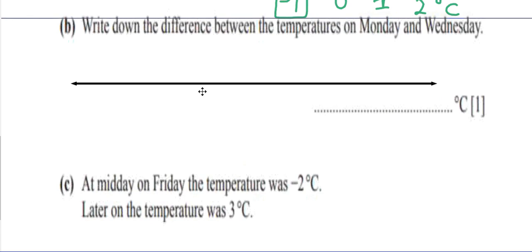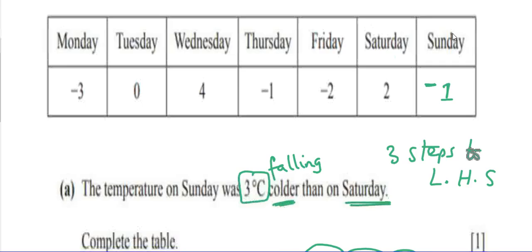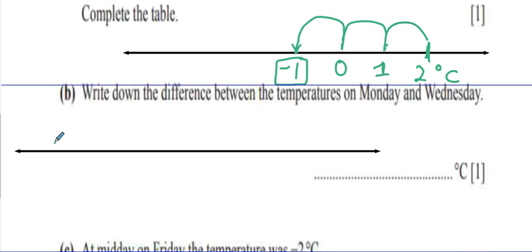All right, write down the difference between the temperatures on Monday and Wednesday. Okay, the temperature on Monday is -3.